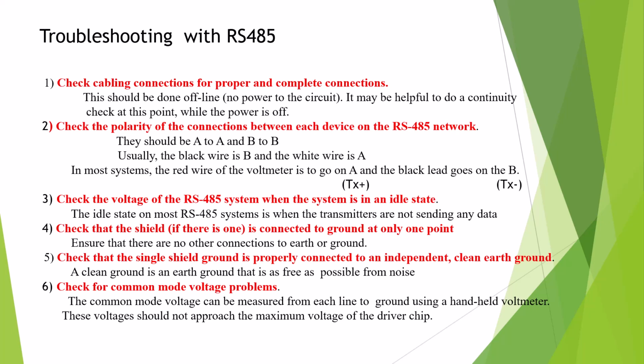Most times we ground the shield at the controller. If you find the shield grounded at the transmitter, you should check. Also, if you're grounding, make sure the ground is clean, as free as possible from noise.